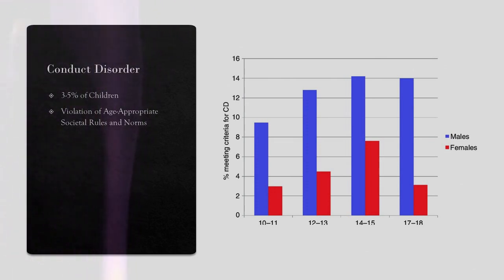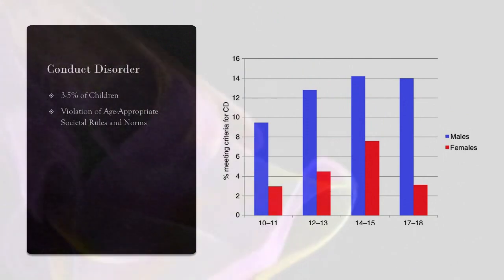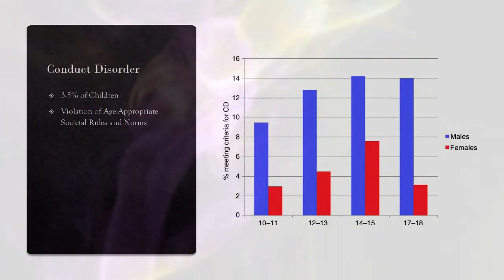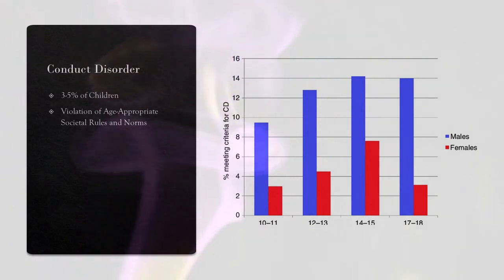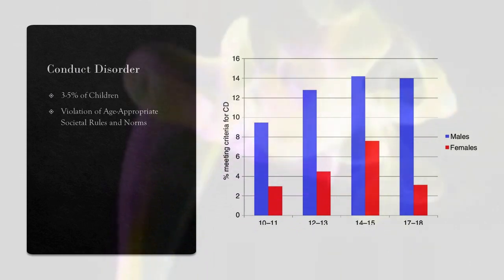It's really crucial to note that occasional rule breaking or misbehavior is common in childhood. However, in conduct disorder, these behaviors are pervasive and persistent and severe.